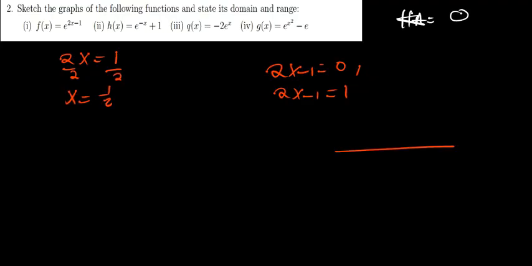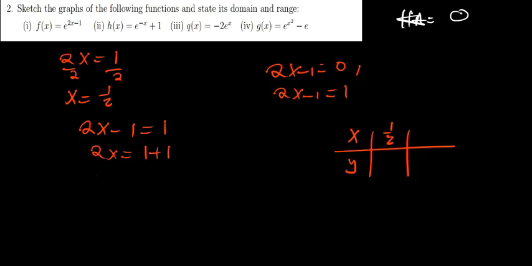That will be the first coordinate. Now 2x minus 1 is equal to 1. So 2x will be equal to 1 plus 1. That gives me 2x is equal to 2, divided by 2, x is equal to 1.